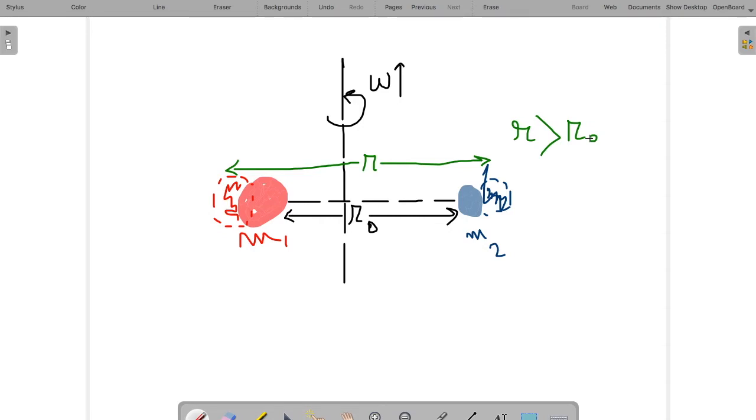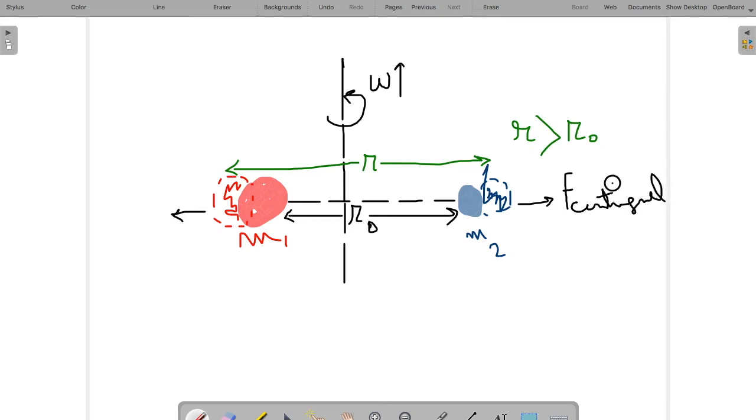There is a bond, although with the increasing angular velocity the distance between them is increasing and there's a centrifugal force. So let me write that down so that we can understand it. Centrifugal force, call it F centrifugal, away from the center.